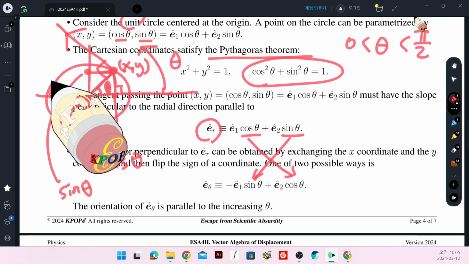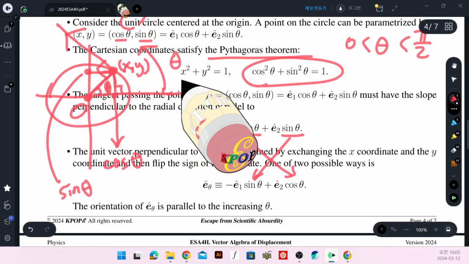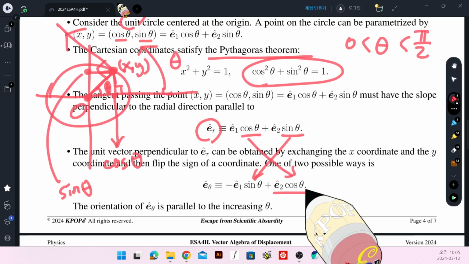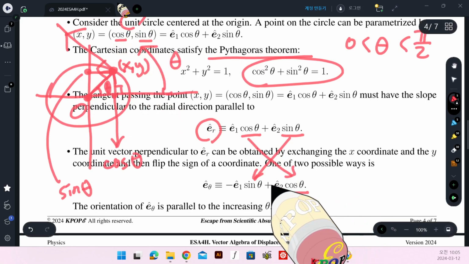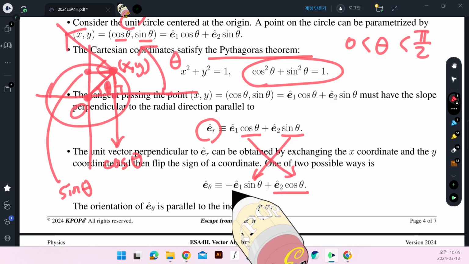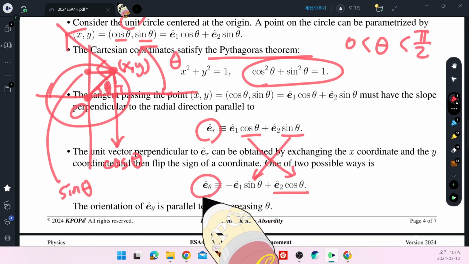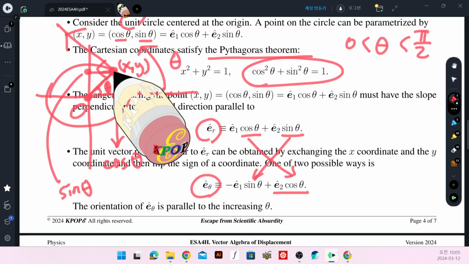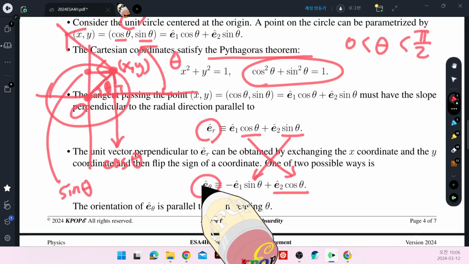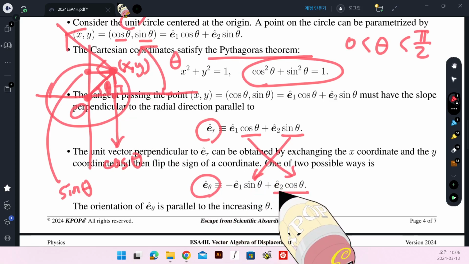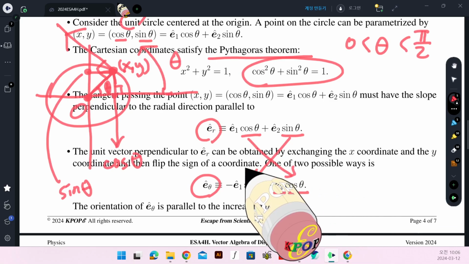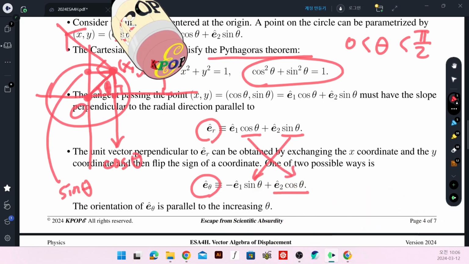It is going up and going left. Therefore, the sign of the y component is positive, and the sign of the x component must be negative. So I have the unit tangent vector to the circle at a point with an angle of theta, which is e theta hat, that magnitude is still 1, and the direction is specified with this unit vector.